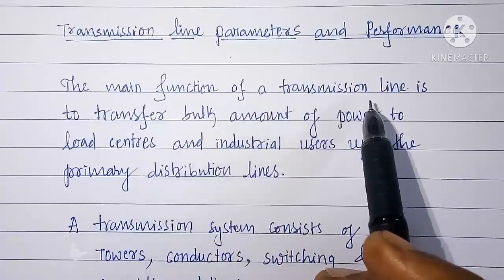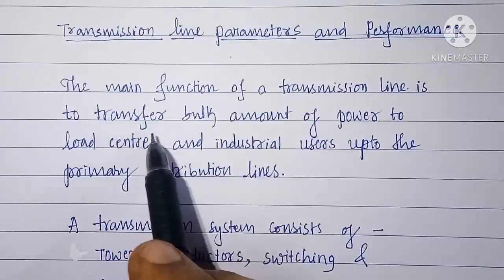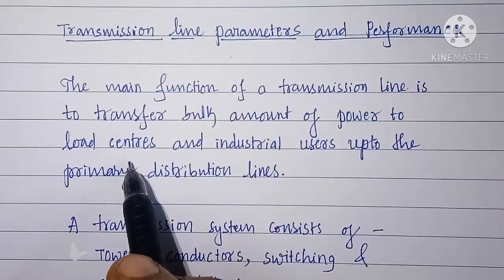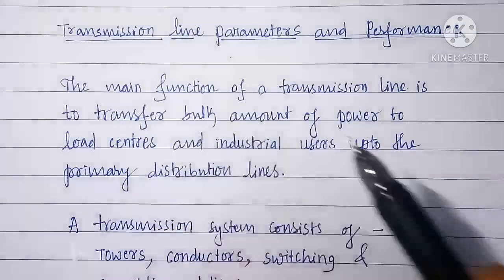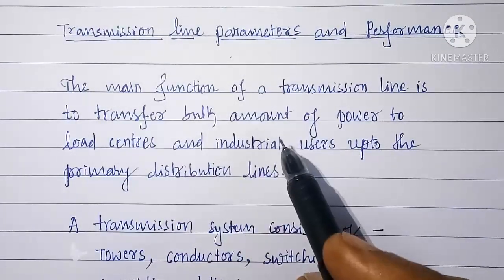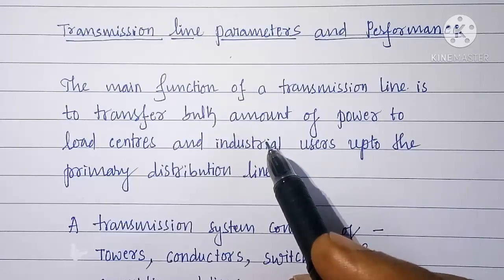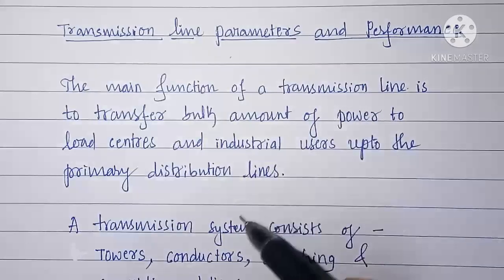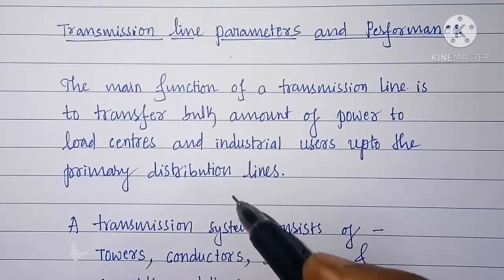The main function of a transmission line is to transfer a bulk amount of power to load centers. We know that power is generated by generating stations, and that power is to be transferred to the load centers. For that purpose, we make use of transmission lines.